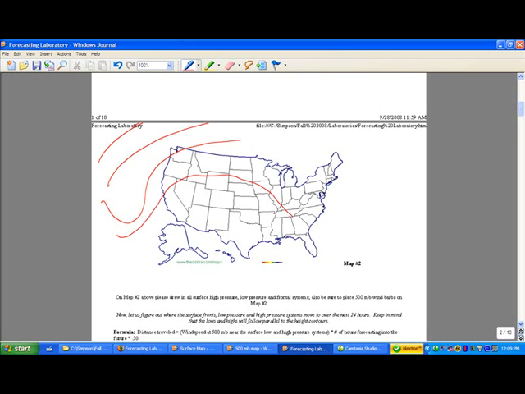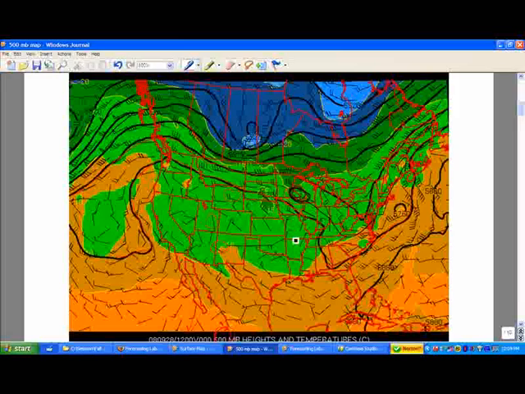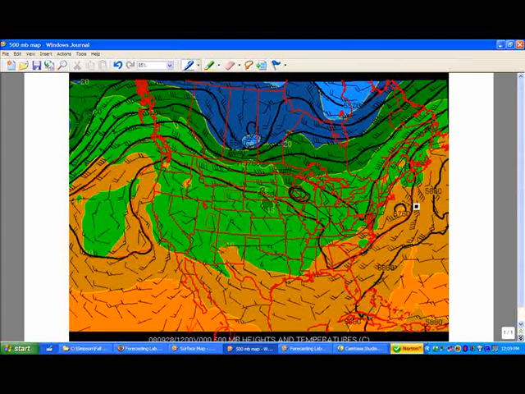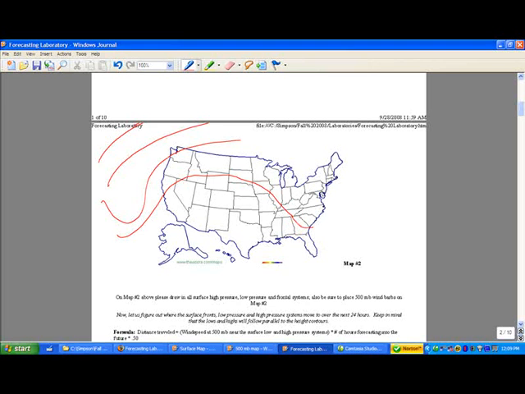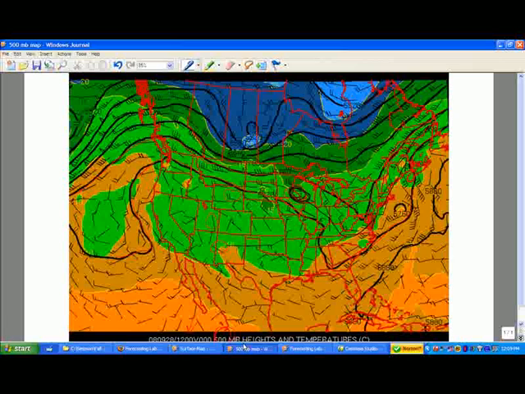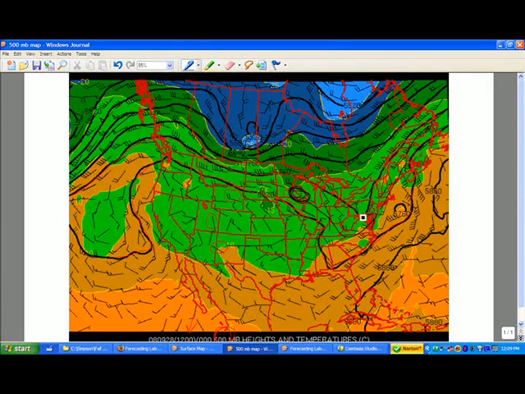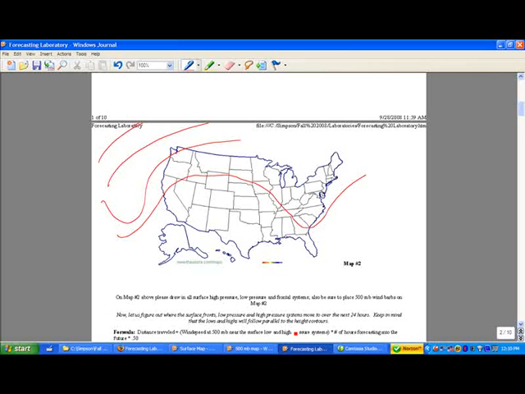So I'll try to replicate that one, and follow that line. Goes down into Georgia and then back up the East Coast. So you begin to see I'm drawing the isohypses pattern. The one to our north that goes through Minnesota dips down into, it looks like Virginia, and then back up the East Coast.